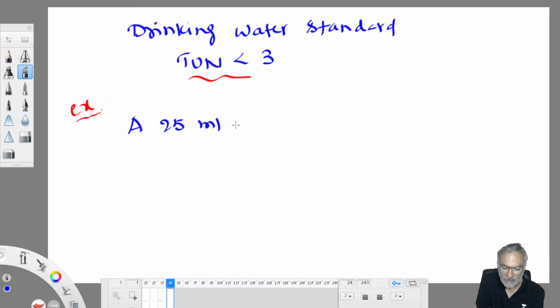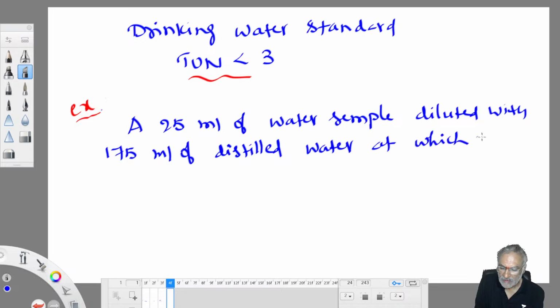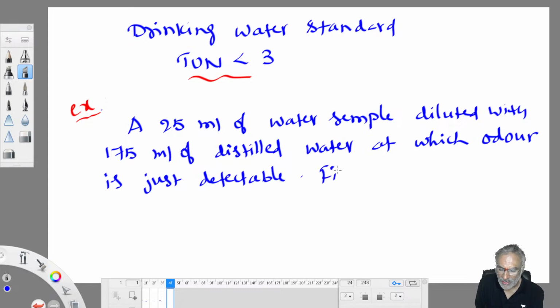A 25 ml water sample is diluted with 175 ml of distilled water, at which odor is just detectable. Find TON, threshold odor number.